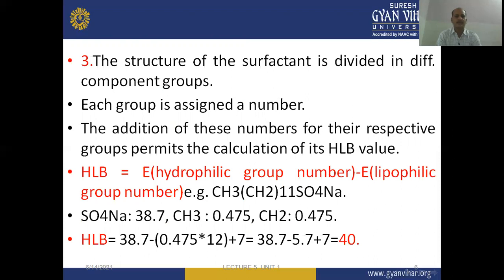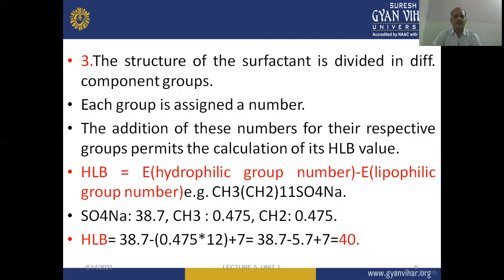So this is another method for determination of hydrophilic lipophilic balance values for different types of surface active agents, like CH3, CH2, SO4Na. So SO4Na has the number 38.7, CH3 has the value 0.475, and CH2 has the value 0.475 again.